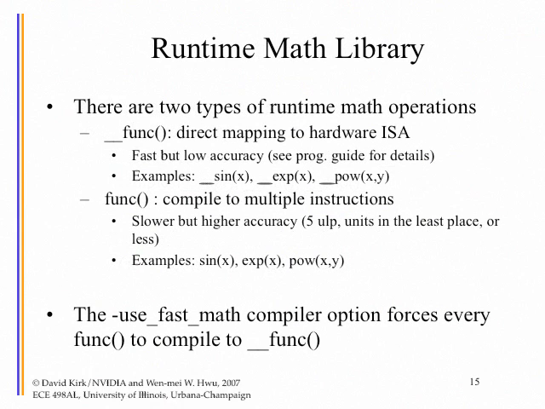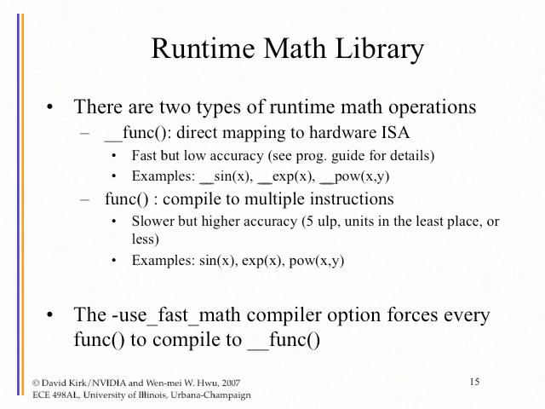There are two types of runtime math operations. When you say underscore function, then that maps directly into hardware. Okay, so whenever you say __sin, that thing goes into hardware execution. But if you just say sin(x), it goes into the software library.